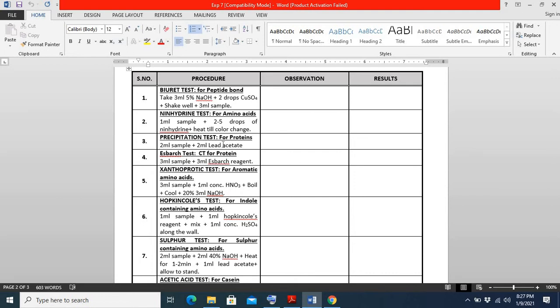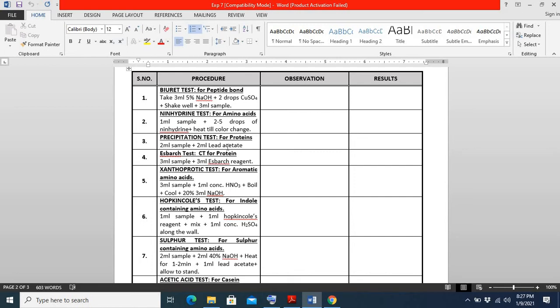What does precipitation test mean? If we add 2 ml of lead acetate to our sample and find a precipitate at the bottom of the test tube, it will be the indication that protein is present in the unknown sample.